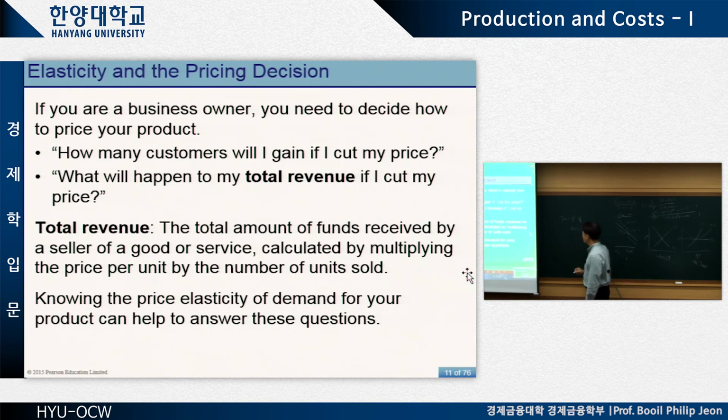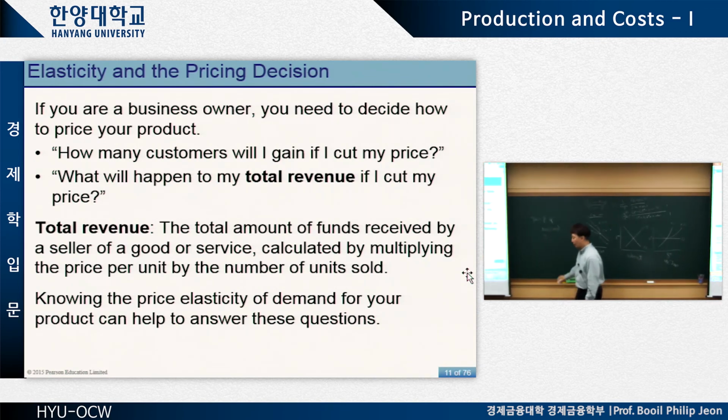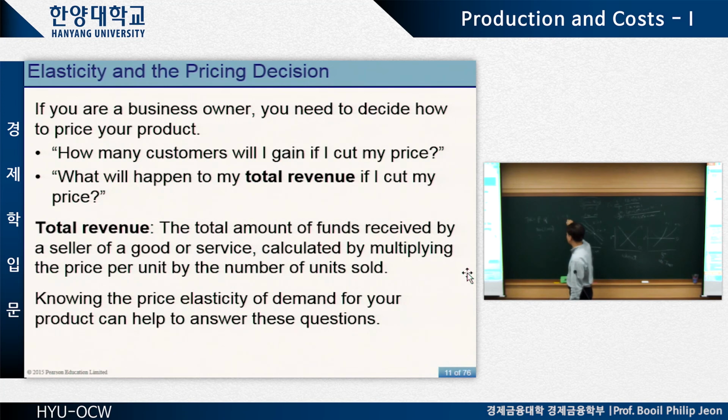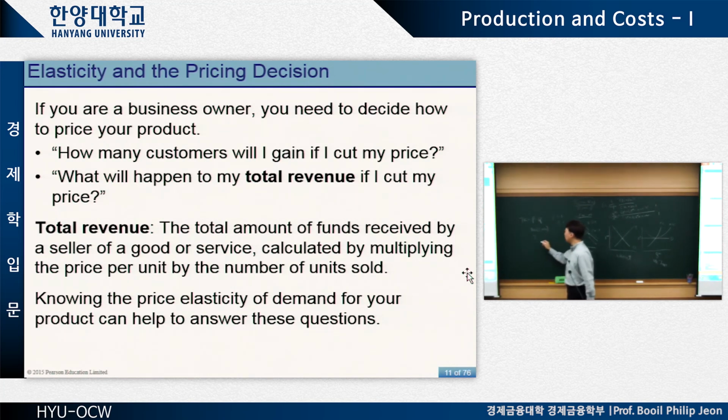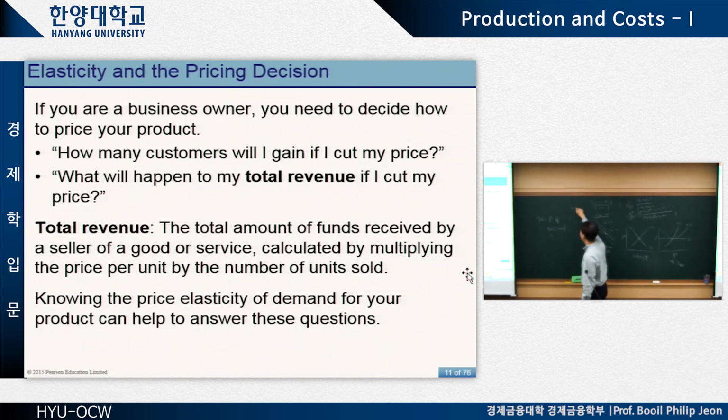And if you lower the price by 10% to $9, and the elasticity was greater than 1 or less than 1, just imagine any number, suppose the elasticity was 1.1.